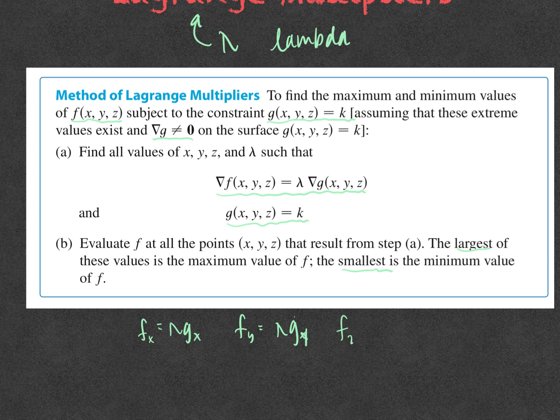We take the partial with respect to z of f, equal to lambda times the partial of g with respect to z. And then we take g equal to k.